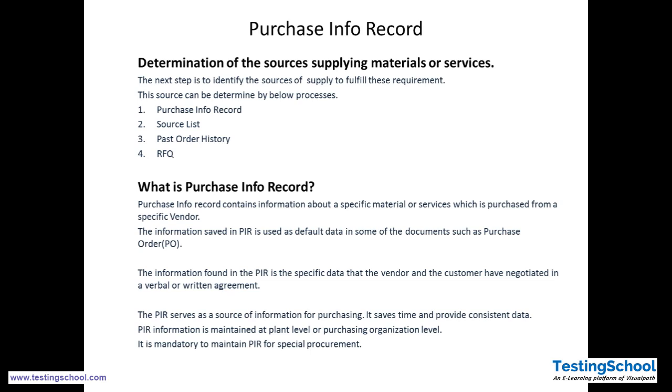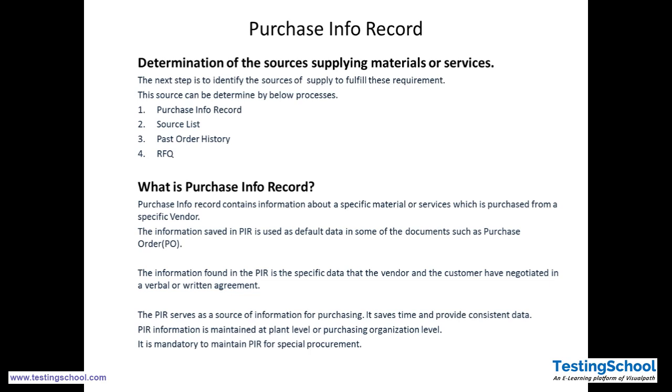PIR information is maintained at the plant level or purchasing organization level. So for each plant there can be a purchase info record maintained. Suppose two different plants are located far apart, one in Pune, another in Bangalore, then they can maintain their purchase info records separately if they are purchasing material locally.